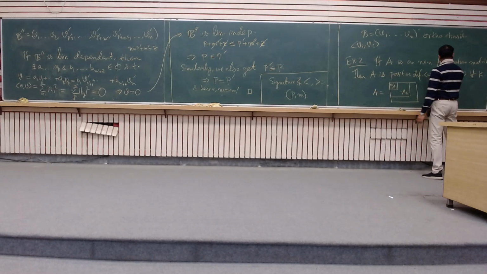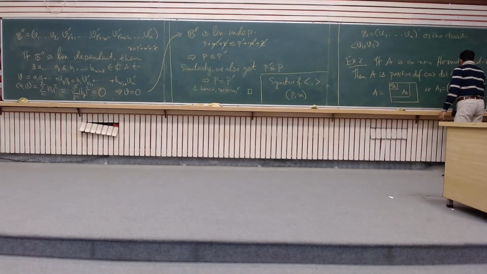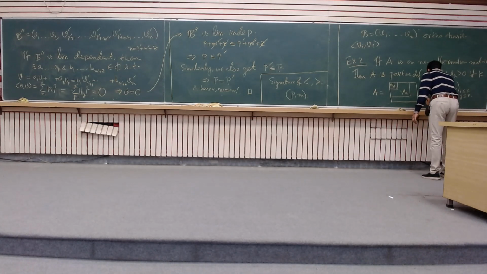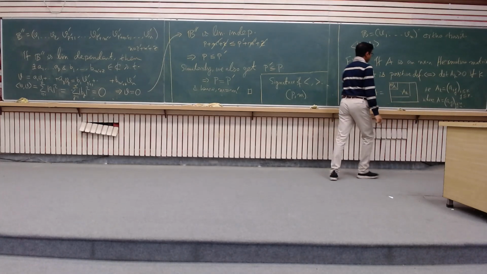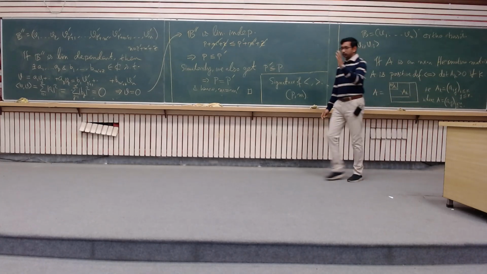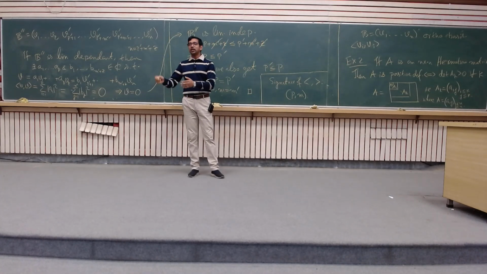So we are defining AK as Aij, i less than or equal to k, j less than or equal to k, where A was Aij, i less than or equal to n, j less than or equal to n. So this was our full matrix, and if we restrict the indices i and j to the range between 1 to k, that is the submatrix AK.